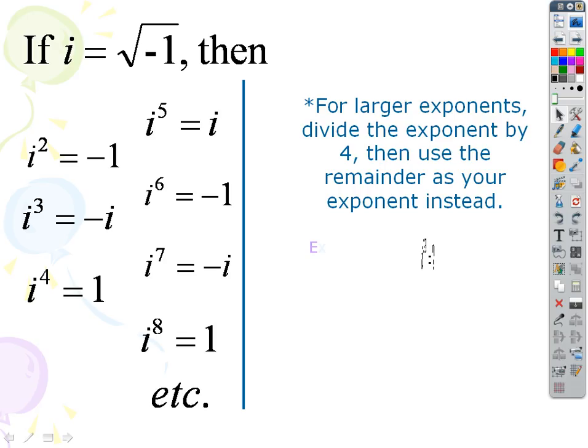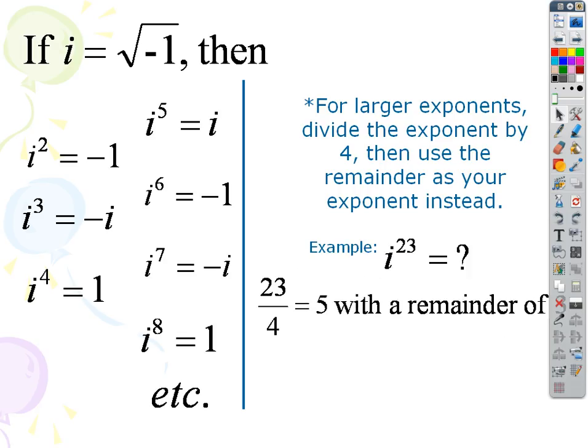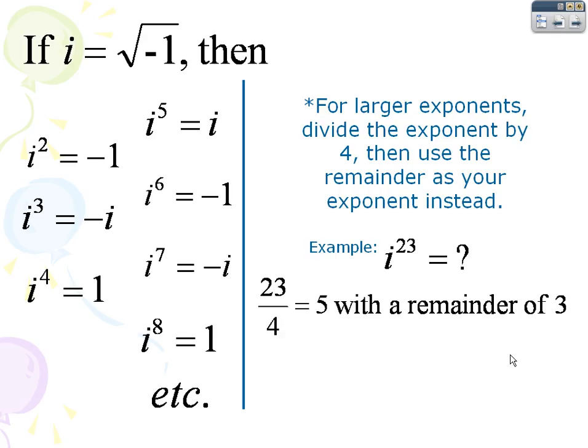So if the remainder is 3, then i to the 23rd is the same thing as i cubed. We just care what the remainder is when I divide 4 into that power. So i cubed is -i. End of story. All we have to know then are the first 4 powers of i, and that's it. Those answers are just going to be repeated forever. So no big deal.